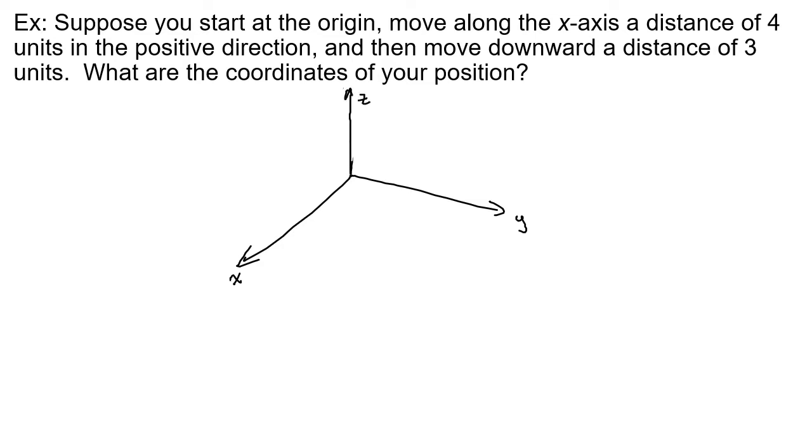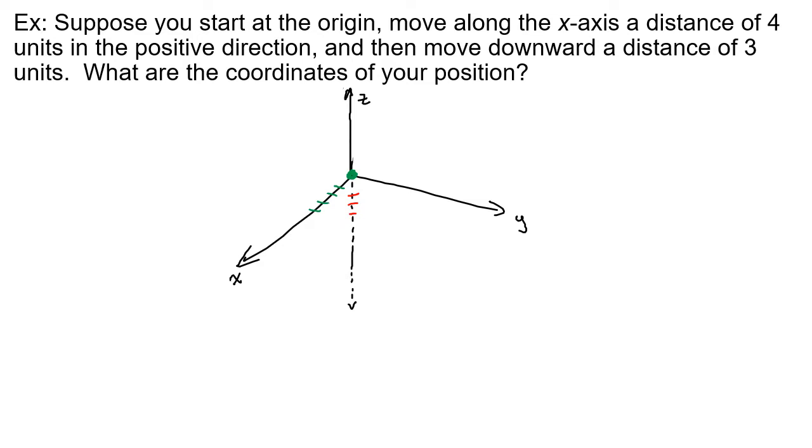And so if you're starting at the origin, and you move along the x-axis, 1, 2, 3, 4, and then you move downward a distance of 3. Now, downward would be the negative direction, so we might want to put a negative axis that way. And you move down a distance of 3, you're going down on the z-axis, so you would go 1, 2, 3.